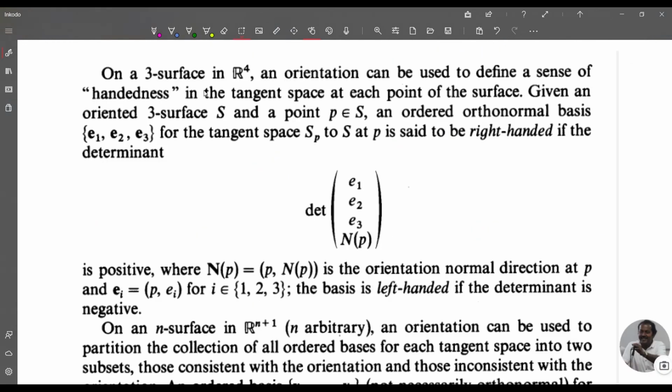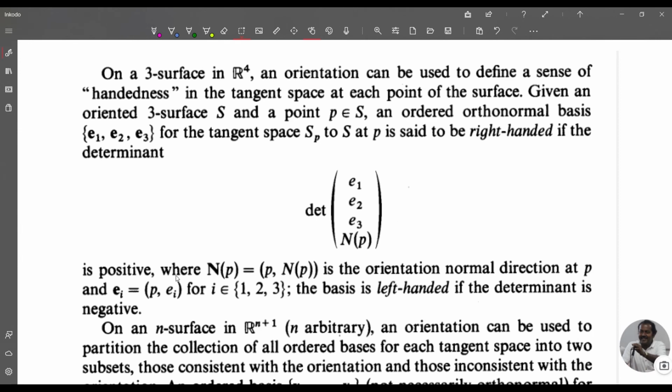On a three surface in R4, an orientation can be used to define a sense of handedness in the tangent space at each point of the surface. Given an oriented three surface S and a point P in S, an ordered orthonormal basis E1, E2, E3 of the tangent space Sp to S at P is said to be right-handed if the determinant of E1, E2, E3, n of P is positive.